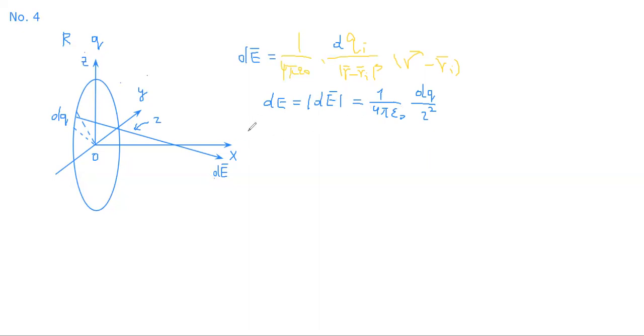And we know that the radius is equal to big letter R, and the distance from the ring to the point where we want to calculate electric field intensity is equal to L.